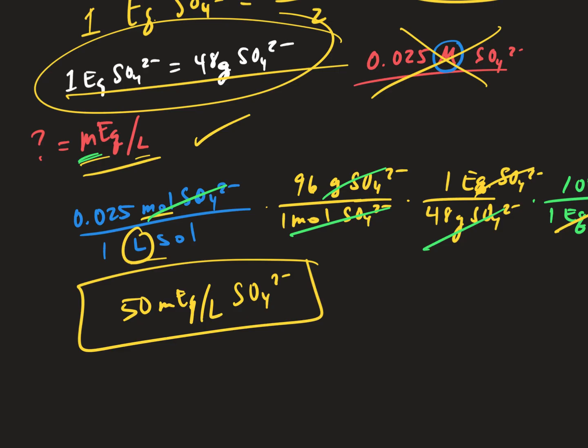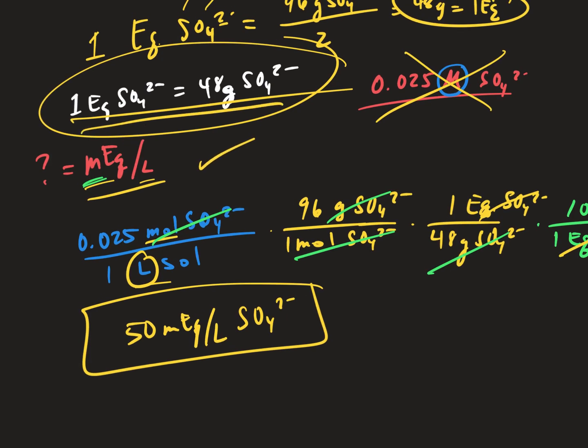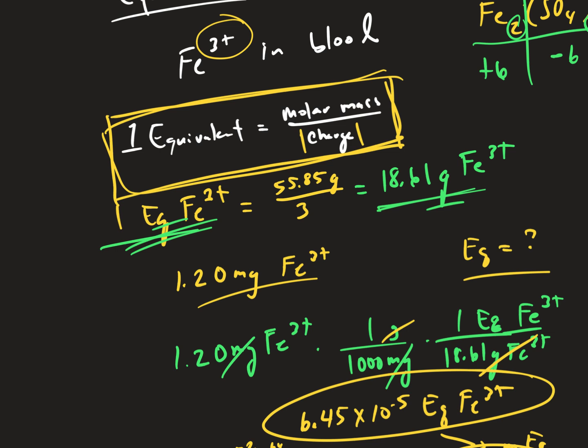Professor? Yeah. So when we go back to the 1 equivalent of SO4 2 minus equals 48 grams, that's the molar mass? No, that's the 1 equivalent. That's what we just barely learned about. So 1 equivalent is equal to the molar mass divided by the charge. Okay, that's right.